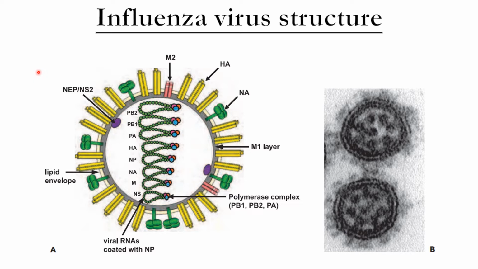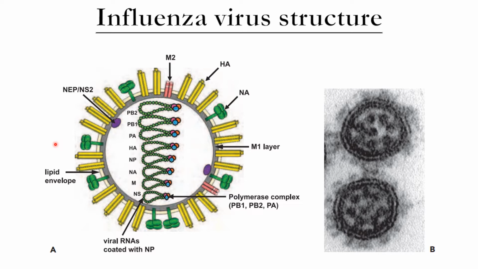Influenza A viruses have a complex structure and possess a lipid membrane derived from the host cell. This envelope harbors the hemagglutinin or HA, the neuraminidase or NA, and the M2 proteins that project from the surface of the virus. The matrix protein M1 lies just beneath the envelope and the core of the virus particle is made up of the RNP or the ribonucleoprotein complex.